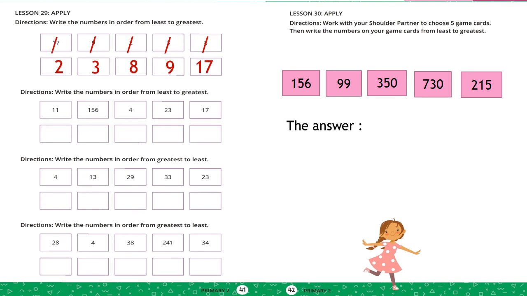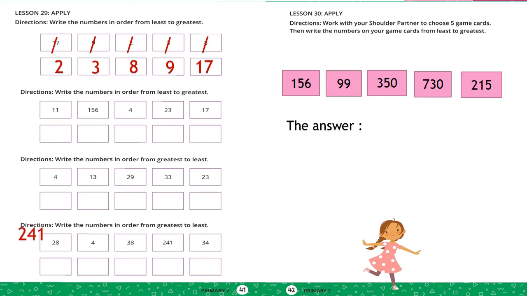Complete this question. The last one, write the numbers in order from greatest to least. It means descending order. Then, which is the greatest number here? 28, 4, 38, 241, or 34? The greatest number is 241.